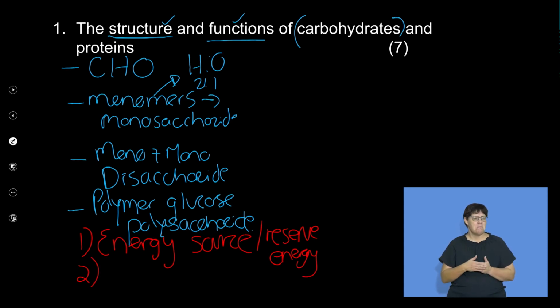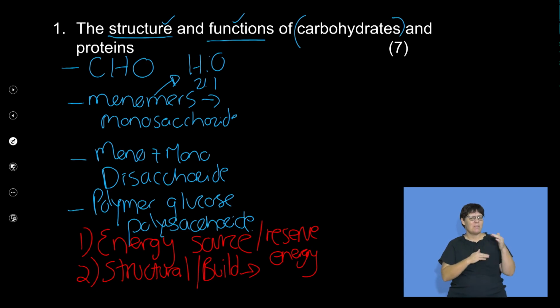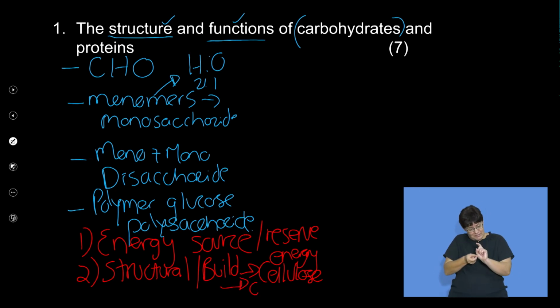What else can they be? They can be structural. They can make things. Structural, they can build. And what are the two things they can build? They can build cellulose in cell walls, and they form part of chitin, which is the exoskeleton of insects, to give insects that hardness.